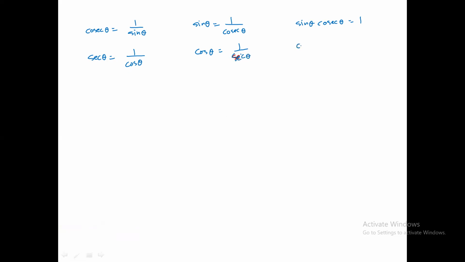And then when you multiply cos theta and secant theta, you get 1. Then cot theta is reciprocal of tan theta. Tan theta is reciprocal of cot theta. When you multiply tan theta and cot theta, you will get 1.